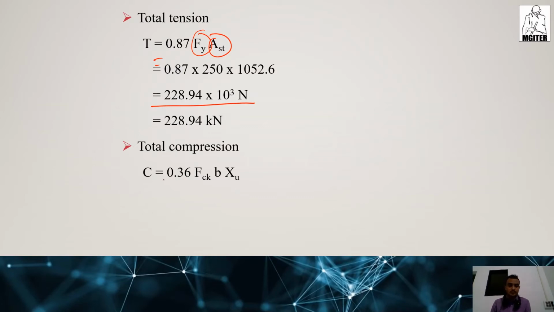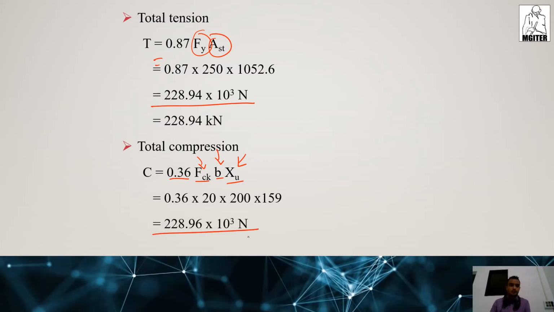Then the total compression is 0.36 fck b into xu. fck is the concrete grade, b is the width of the beam, xu is the depth of the neutral axis. Put all the values in the equation and we get a total compression of 228.96 into 10 raised to 3 Newton.